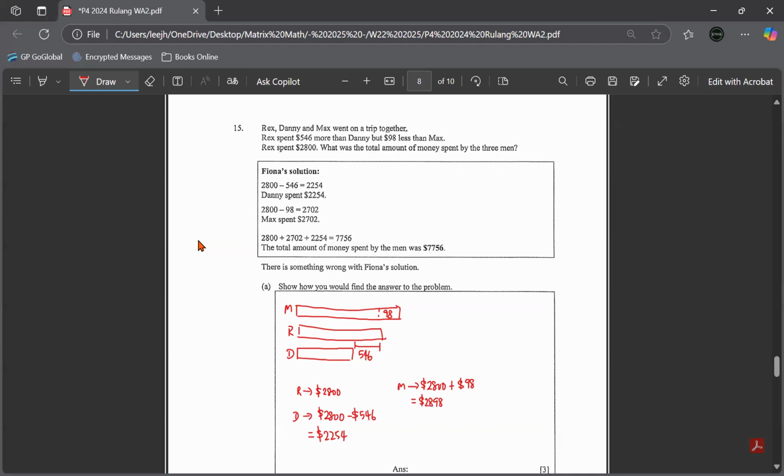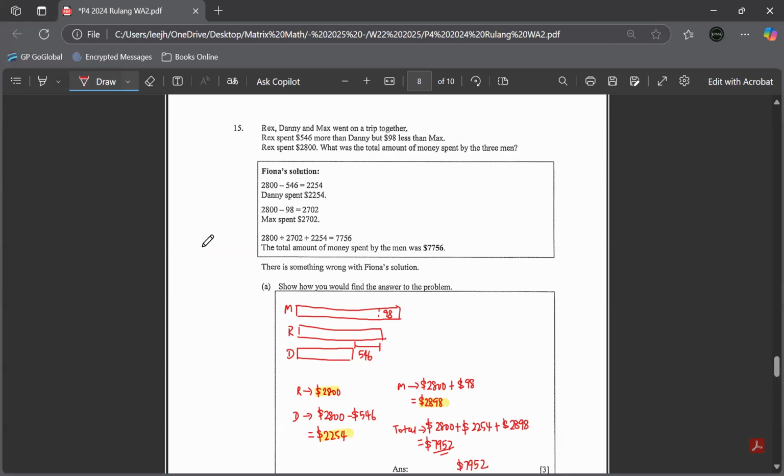And the total will be adding all the values of these boys together, three men together. Okay, so you add them up. So total, you just add 2800 plus 2254 plus 2898. The total they spent is 7952. So this is 7952.